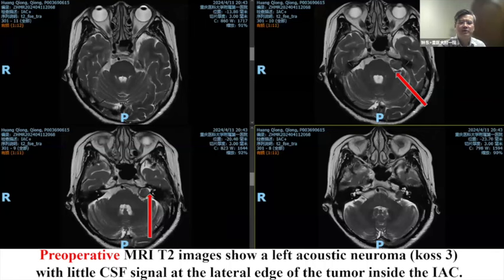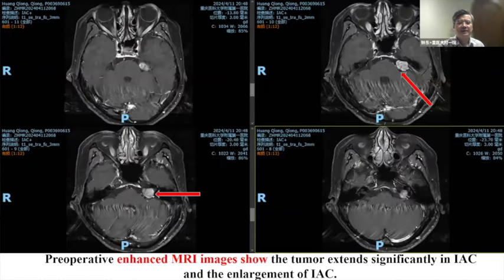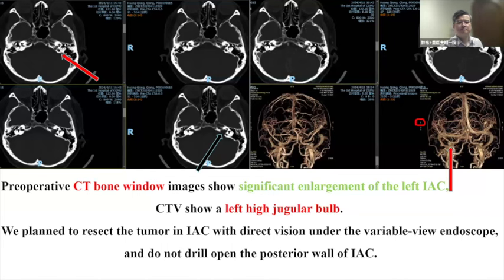Preoperative MRI T2 image shows a left acoustic neuroma, Koos grade 3, with little CSF signal at the natural edge of the tumor inside the IAC. Enhanced MRI image shows the tumor extends significantly in IAC and the enlargement of IAC.